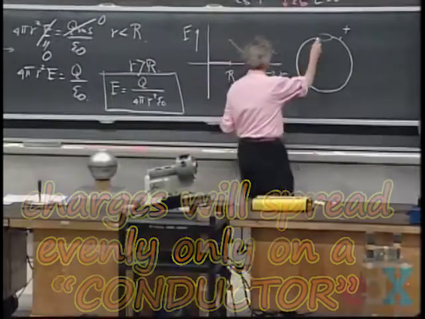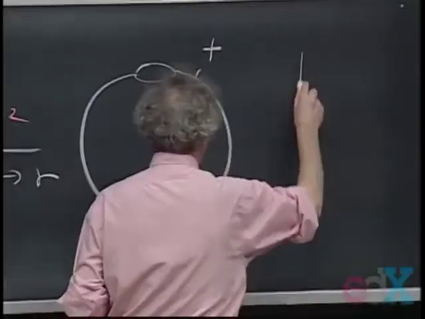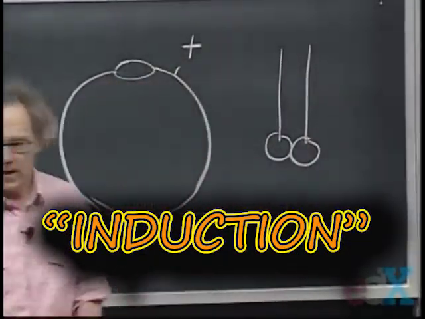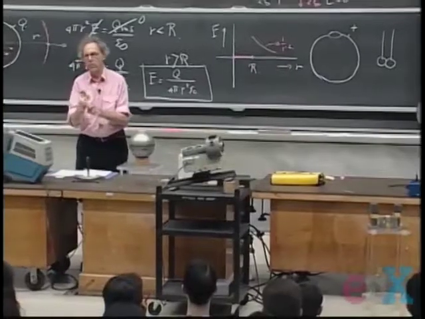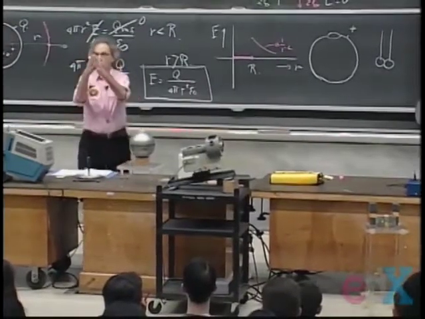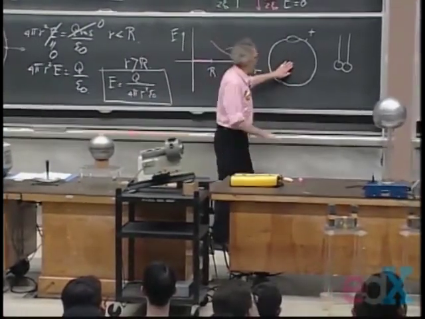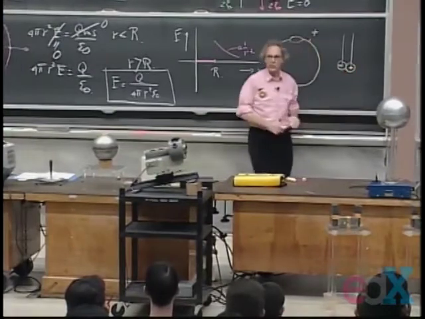And now, to demonstrate to you that there is an electric field here, I will use induction. I have two ping pong balls painted with conducting paint. They touch each other. Under influence of this electric field, this one will become negative and this one will become positive. We've discussed that last time.